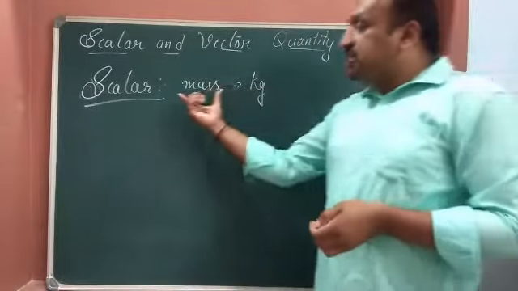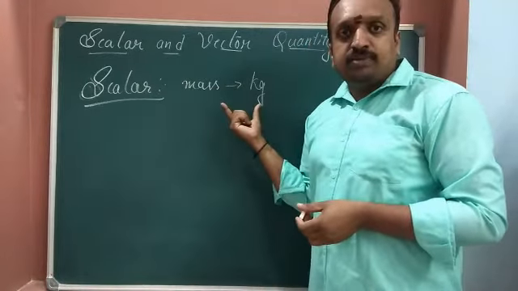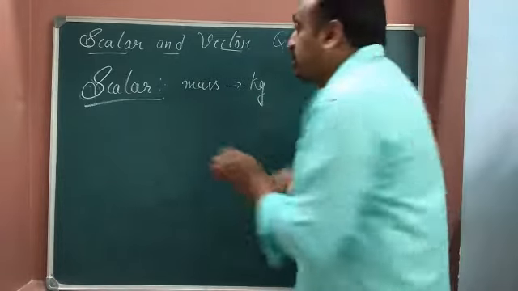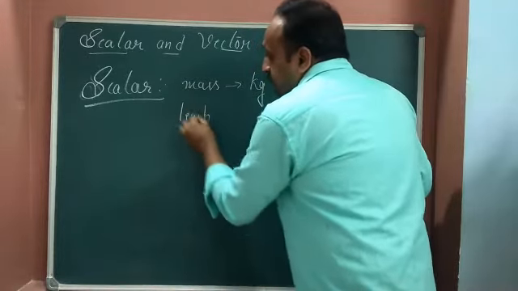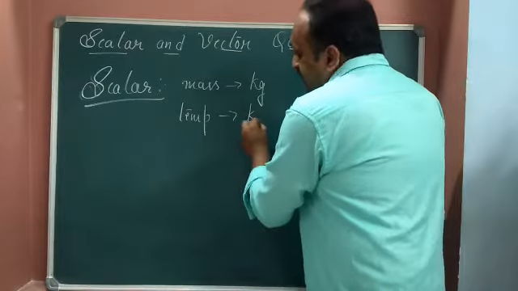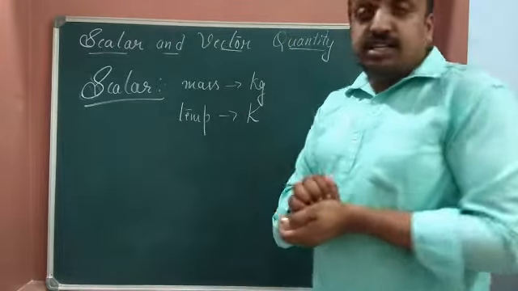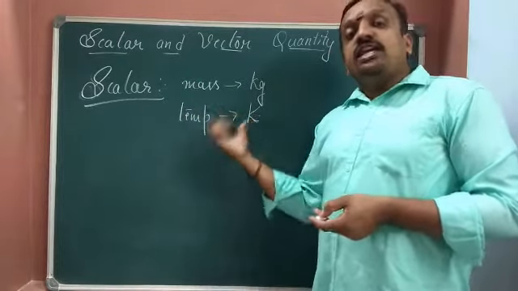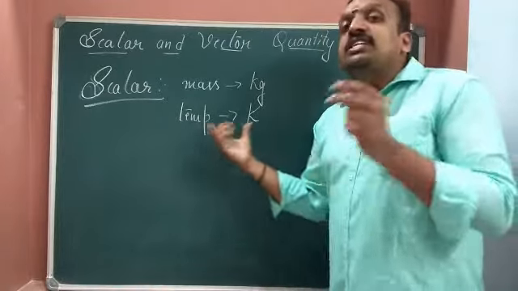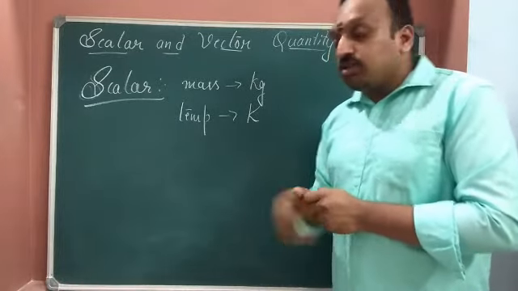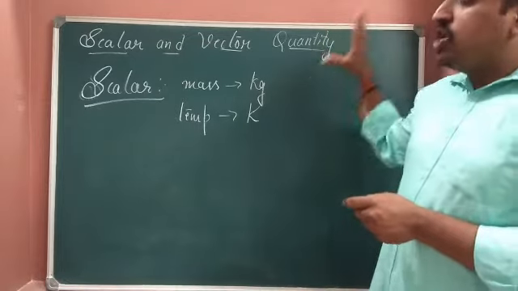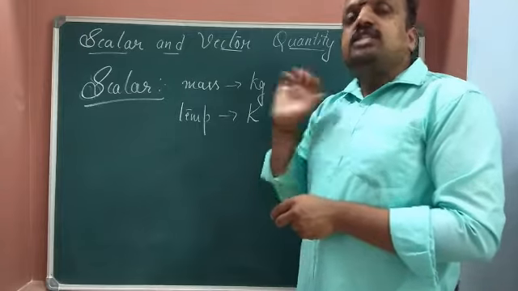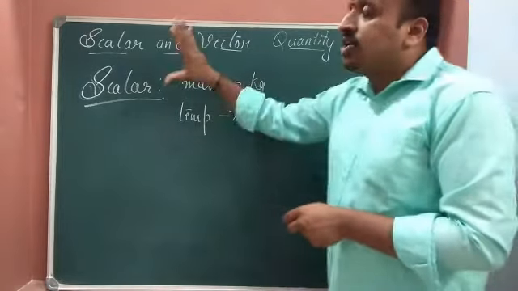To measure mass, we need its magnitude. How much the mass is, that is enough; direction is not required. Temperature is also a scalar quantity and the unit is Kelvin. So it is very clear that to measure mass and temperature, we need only magnitude but not direction. So the quantities which can be measured only based on magnitude are called scalar quantities.